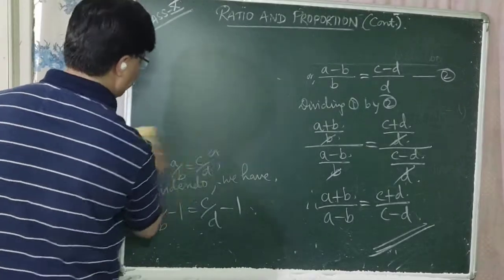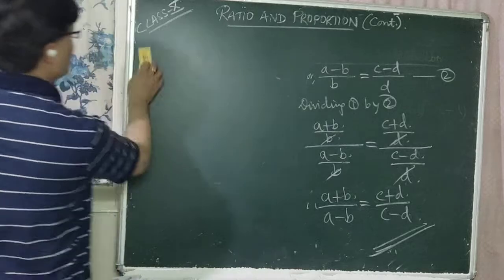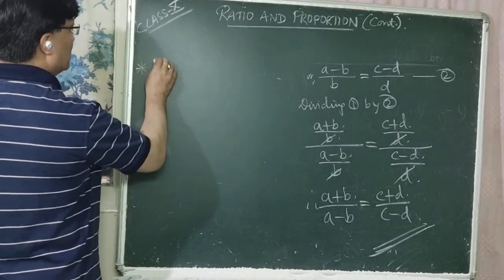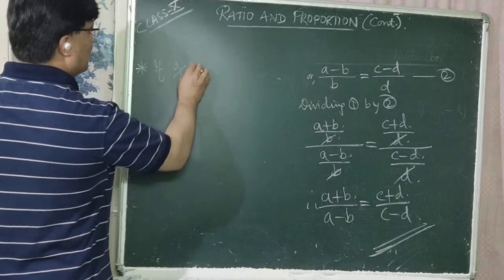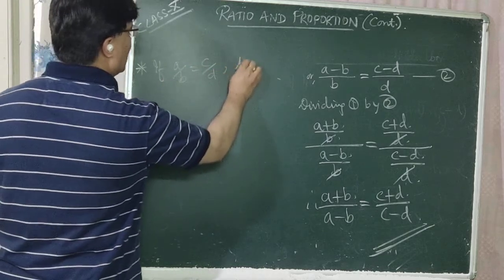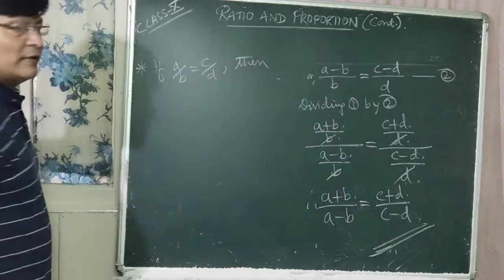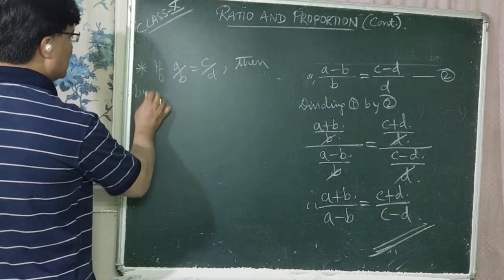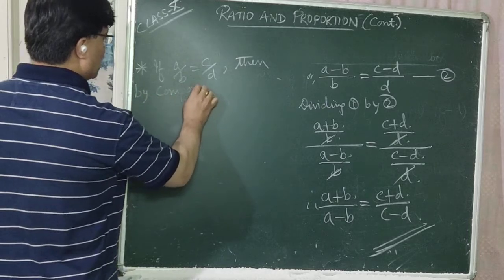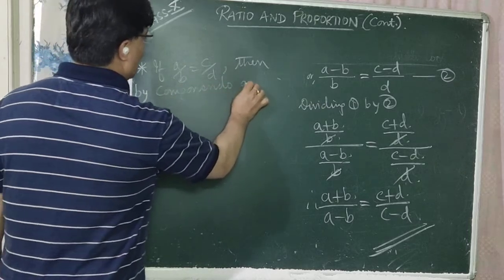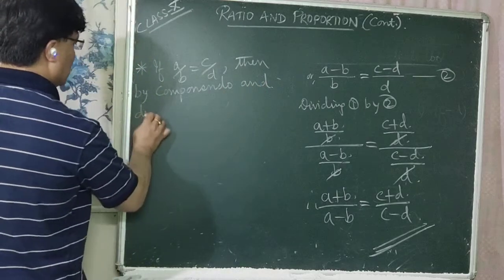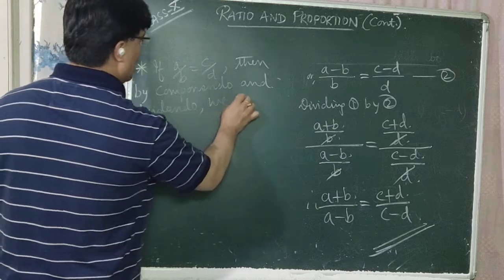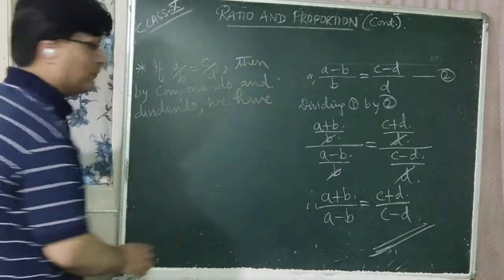So now, you should know this componendo and dividendo. So you should remember this relation. If A by B is equal to C by D, then by componendo and dividendo, we have, what can you write?